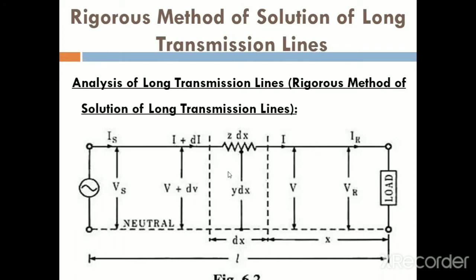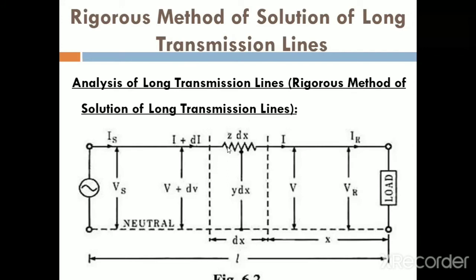After that we integrate that small length value, and then we obtain the overall length of the long transmission line. That's why this is the simple process for calculation of a long transmission line.